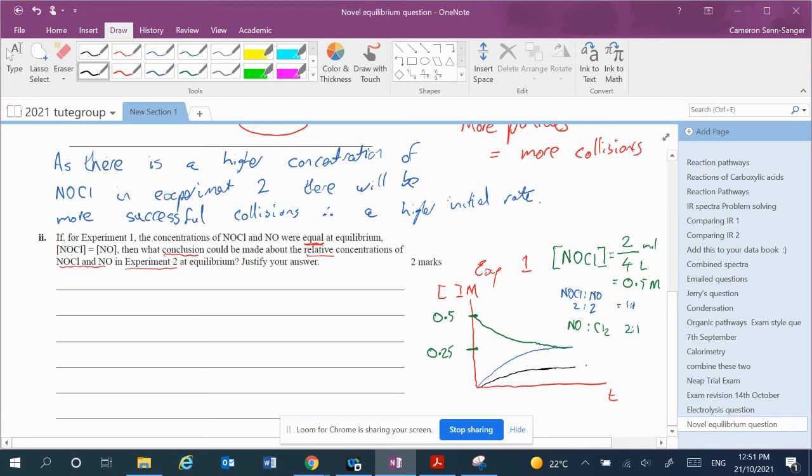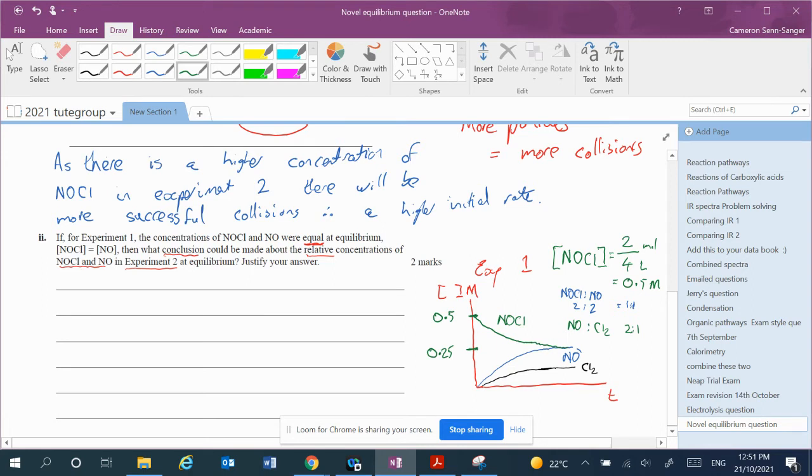So here's our cast of characters. Here's our Cl2. In blue, we've got our... my bad. There's our NO in blue. And then the green line represents the NaCl.